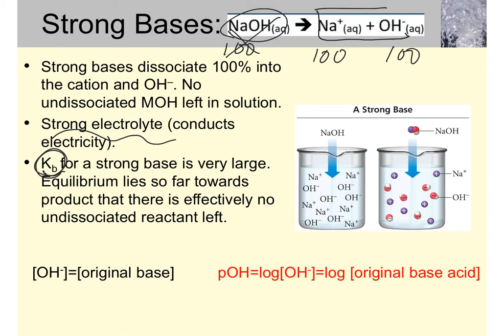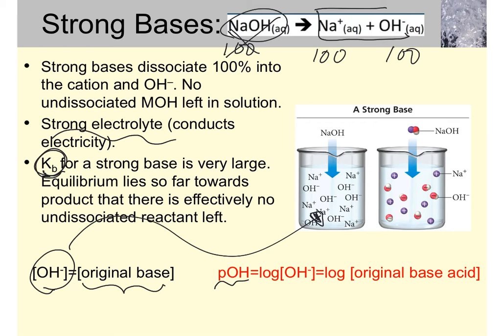And similar to the rationale we went through in finding pH for a strong acid, it's pretty easy to find pOH for a strong base, because the concentration of hydroxide ion that is in solution actually equals the original concentration of the strong base because it all dissociates, right? So it's a 1-to-1 there.